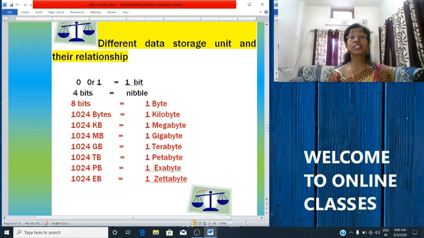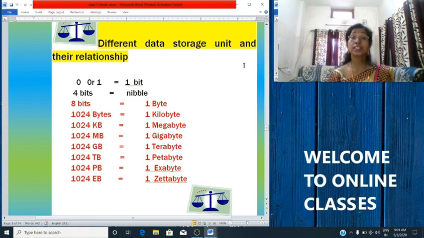A collection of 4 bits makes a nibble. 8 bits is a collection of 1 byte. 1024 bytes is equal to 1 kilobyte. 1024 kilobytes is equal to 1 megabyte. 1024 MB is equal to 1 gigabyte. 1024 GB is equal to 1 terabyte.